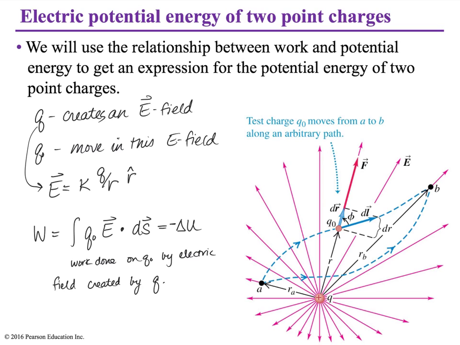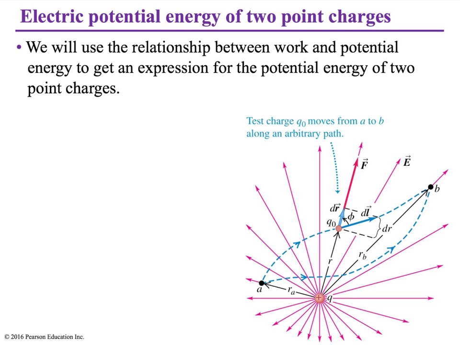So let's do a little bit more with this integral. We're going to substitute into the integral the expression for the electric field due to the charge Q. And we see that we have a dot product because the electric field is a radial vector.